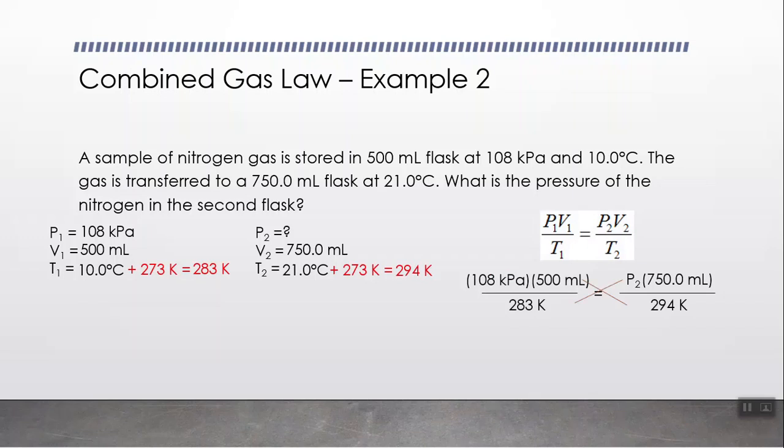Go ahead and pause the video and put it into your calculator and see what you get. And pressure 2 is 74.8 kilopascals. If you are considering significant digits, then the answer would be 70 kilopascals.